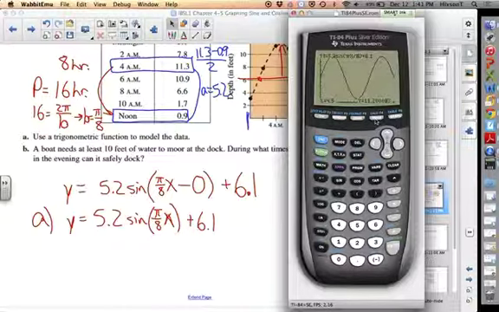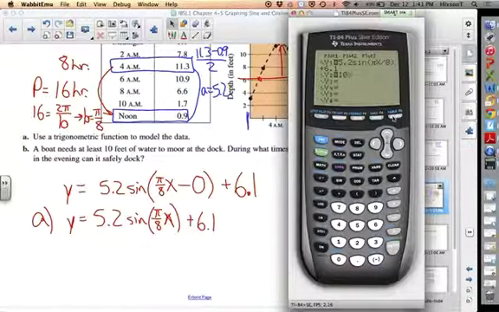All right, but I want to get to part B here. We need at least 10 feet of water to get our boat in here. So there's only going to be a certain window of time that it's going to be possible. We've done this before: we can punch in a line, y equals 10.